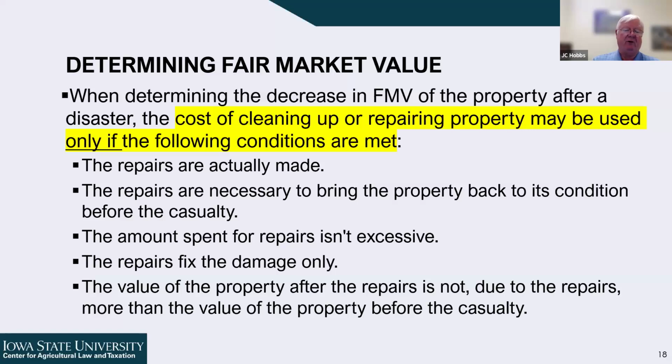So the barn, say, was worth $100,000 before the casualty occurred. We look at it after we do all the fix up, clean up, etc. It can't be more than that $100,000. Otherwise, we've got a problem. So $100,000 for beginning value. After we get it all fixed up, the decrease in value plus all the improvements, we've got to make sure that is not greater than the original value of the barn.